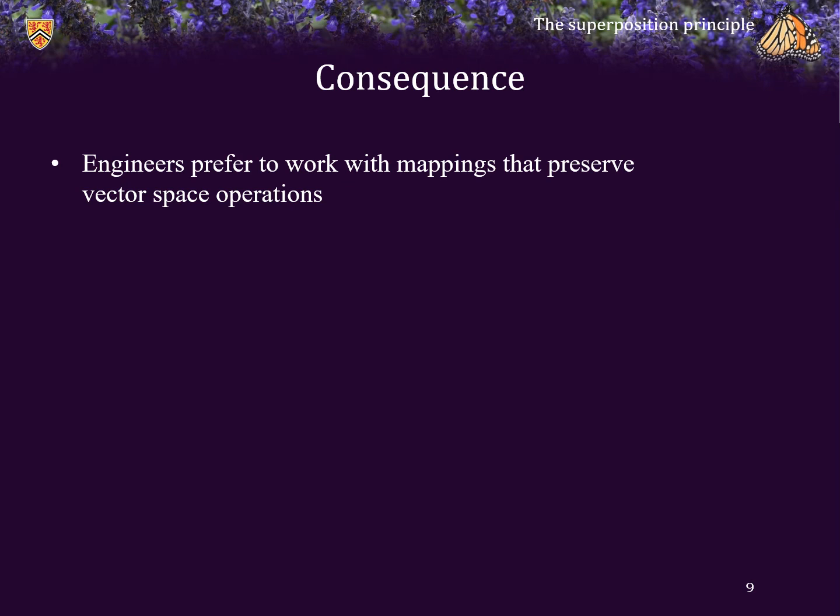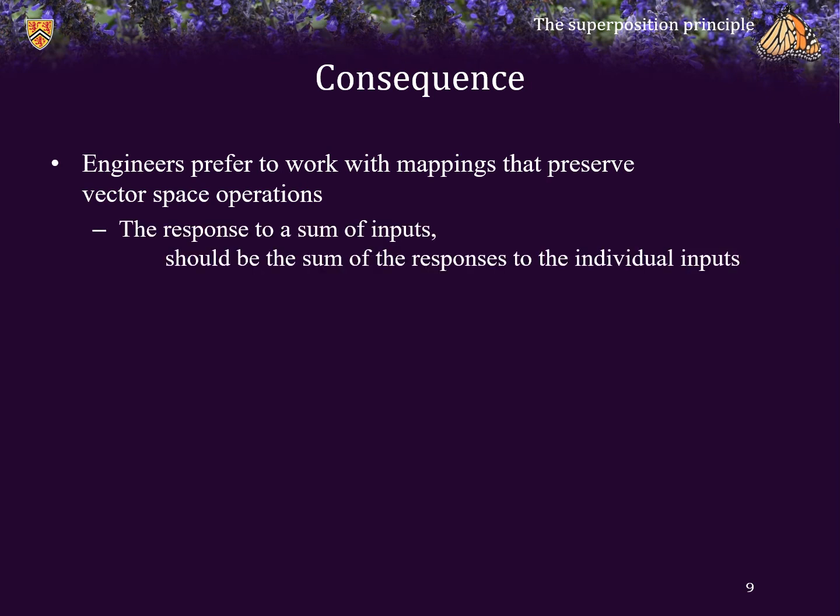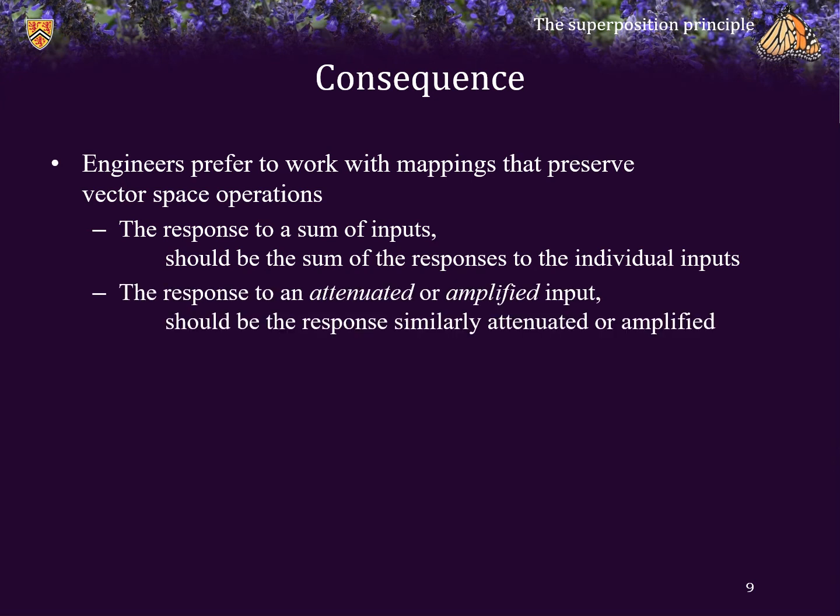So engineers therefore do prefer to work with mappings that preserve vector space operations. So the response to a sum of inputs should be the sum of the responses to the individual inputs, and the response to attenuated or amplified input should be the response similarly attenuated or amplified.